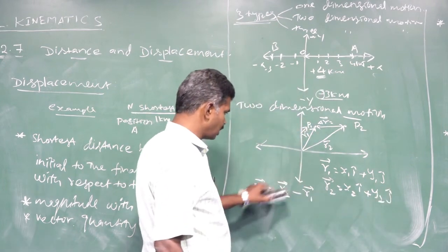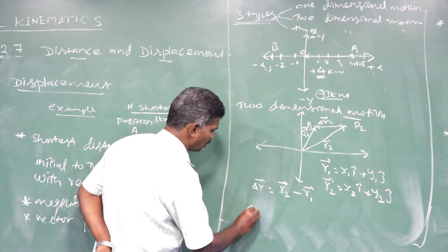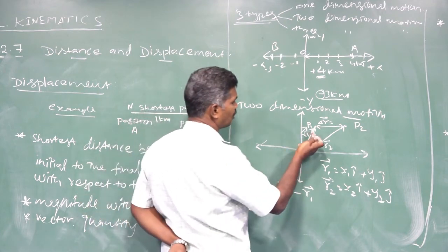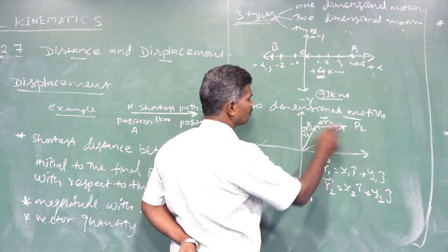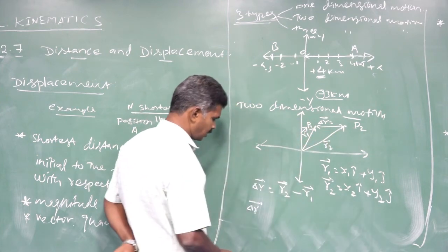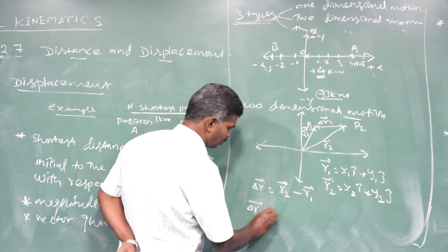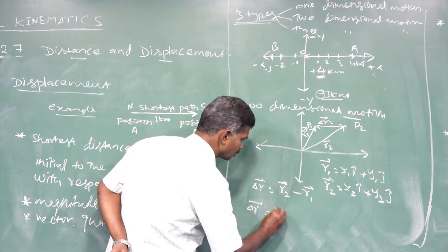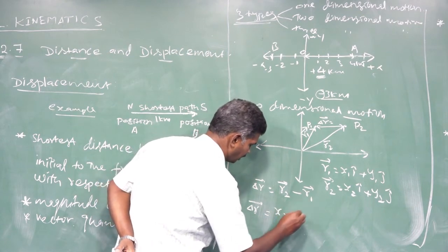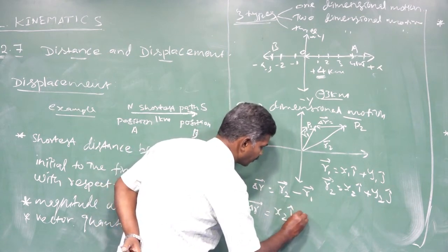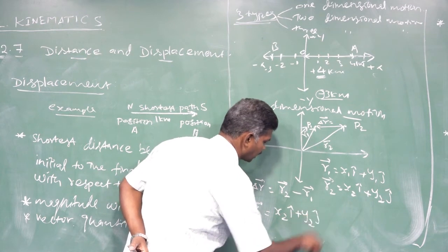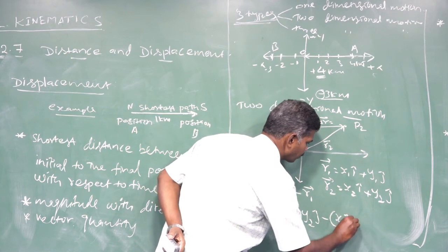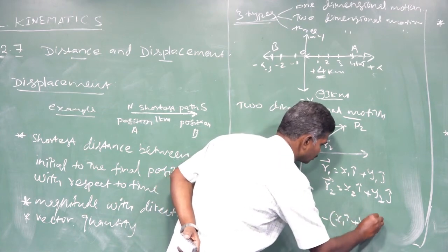If we substitute here, del R, that is the displacement of the particle from position P1 to P2 in a two-dimensional manner, del R vector equals R2 vector minus R1 vector. R2 contains x2 into i cap plus y2 into j cap, minus x1 into i cap plus y1 into j cap.